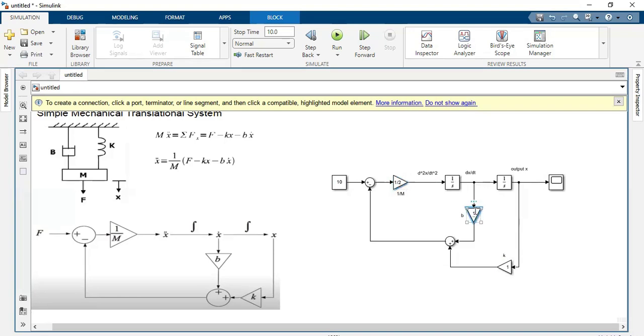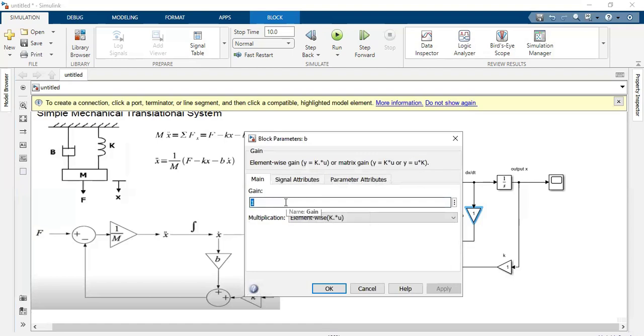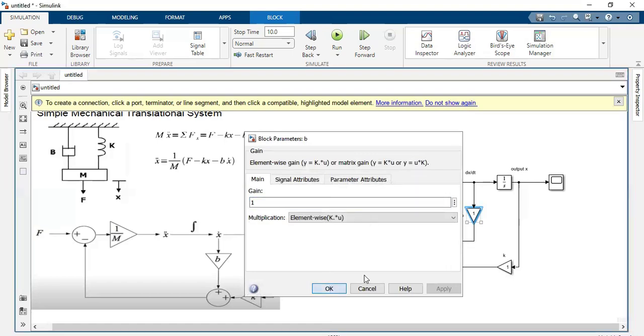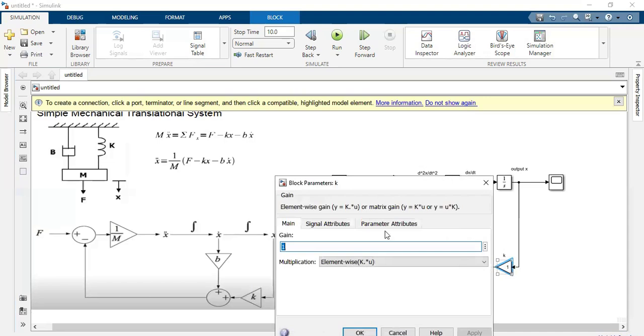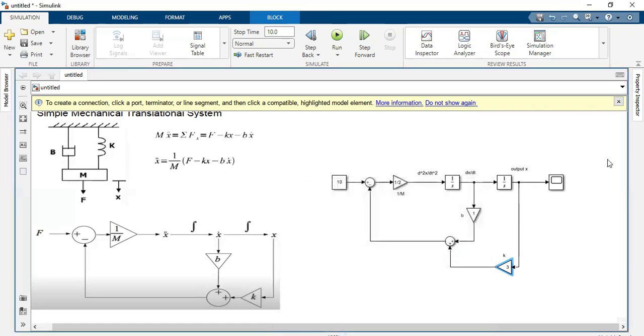Let us take B to be 1 and K to be 3. And now we can run this model.